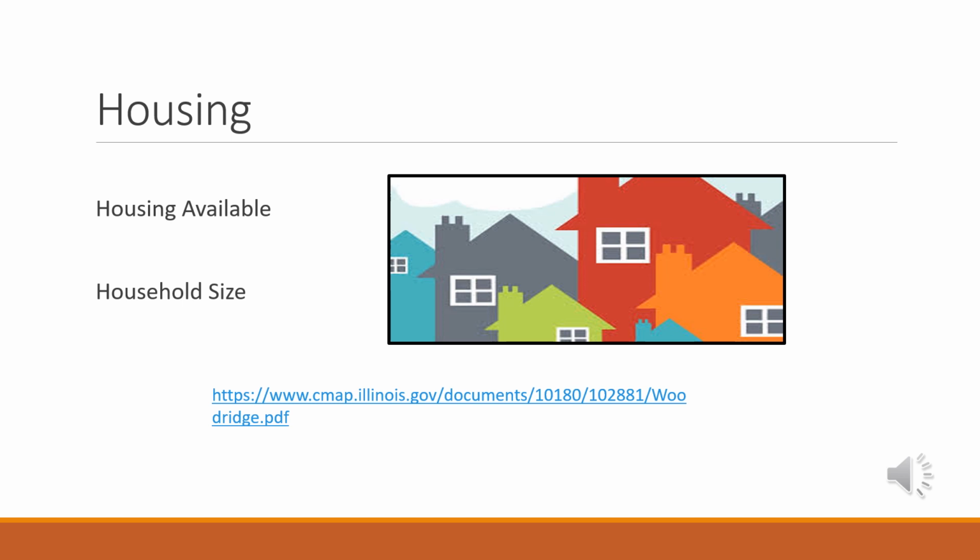It was only up 17.3% last year, and that was from Redfin.com, which is a realtor agency in the area. As far as rentals go, the average cost of renting in Woodridge is $1,430 versus the United States average rental of $1,516. And those figures were from apartment.com.